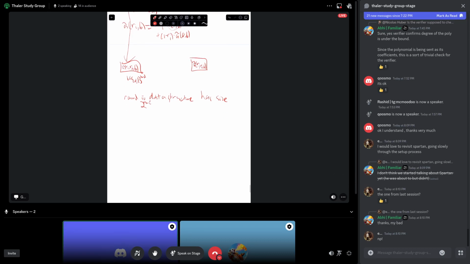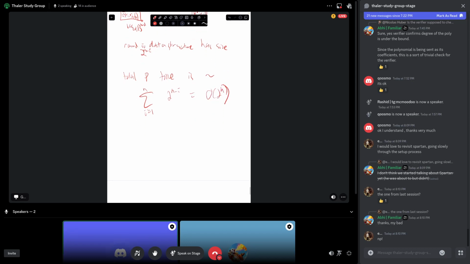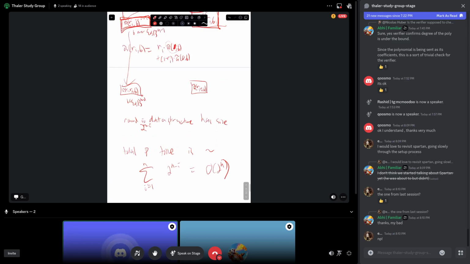So the total prover time across all rounds is proportional to the sum over all rounds i of 2^(n-i), which is proportional to 2^n. Basically the first round dominates, something like that. Okay, so that's what's going on.